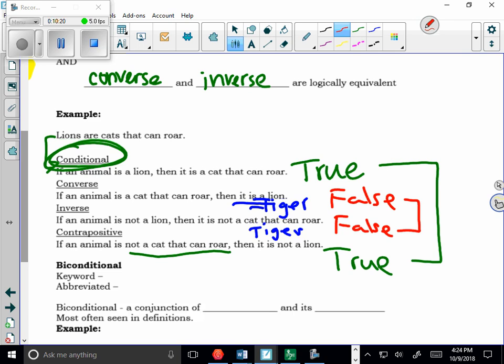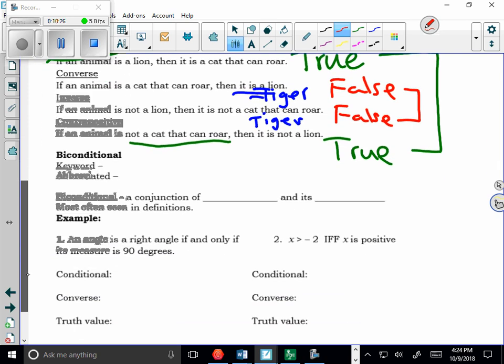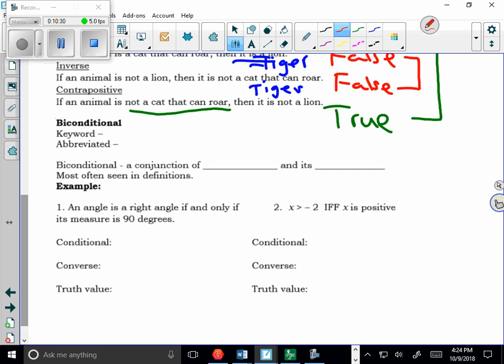Let's move on to this last piece real quick, biconditionals. Let's do this definition first. Biconditional. It is a conjunction of a conditional statement and its converse. Okay?